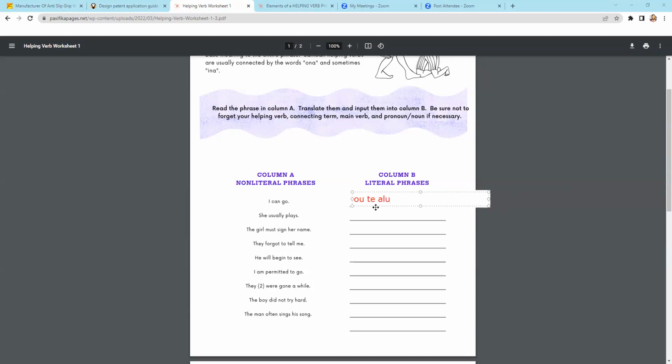Here's the other way we would say it, if we didn't use the 'te', and you only use this with the helping verbs. In this form we would say 'o te alu' all the time. We would always say 'o te alu'. But if we were to add the 'can', and can is 'mafai', how would we say that in this sentence structure?